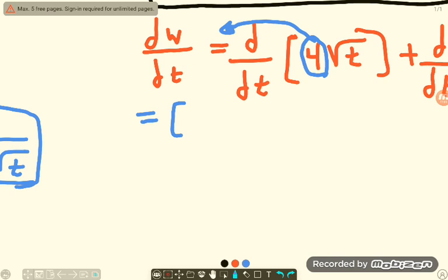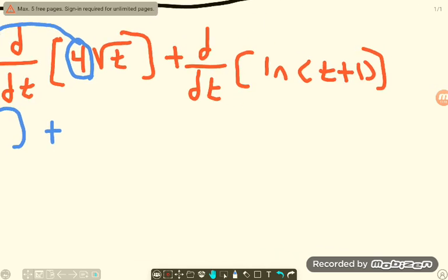We can rewrite this as 4 over 2 multiplied by 1 over root t. So that would be 2 over root t, just to simplify even more. Now all of that plus the derivative with respect to time of this guy over here, the natural log of t plus 1. Obviously, here we are going to apply the chain rule.